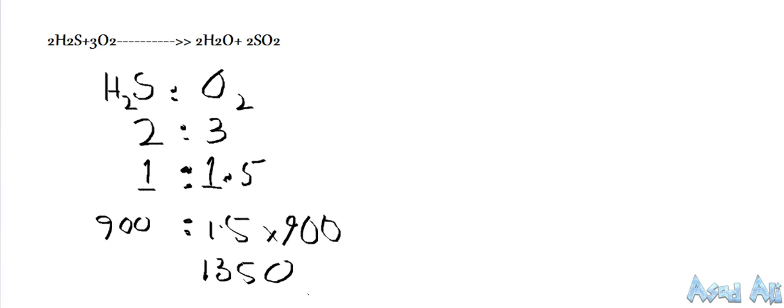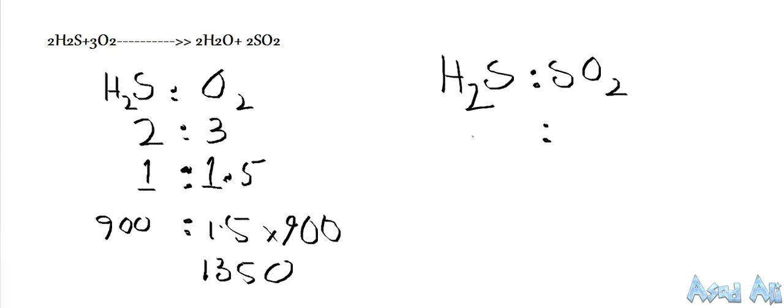volume of SO2. The ratio of H2S to SO2 is the same. So if there is 900 decimeter cube of H2S, there will be a similar volume of SO2.